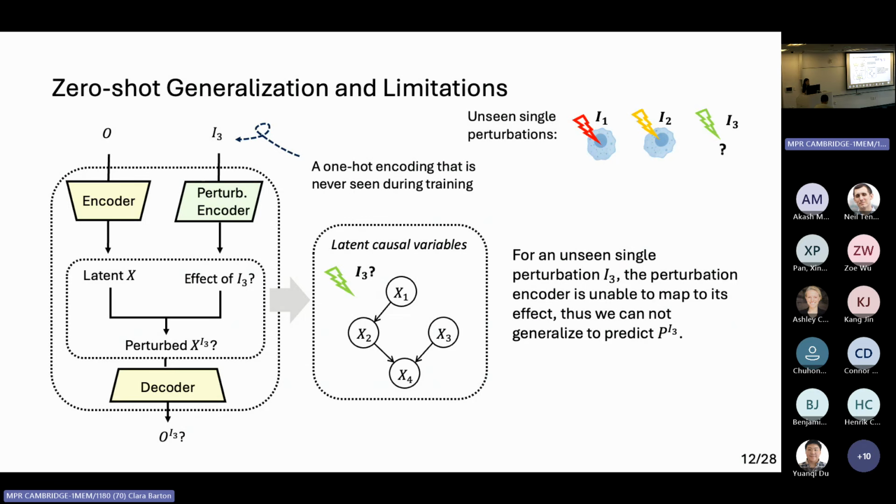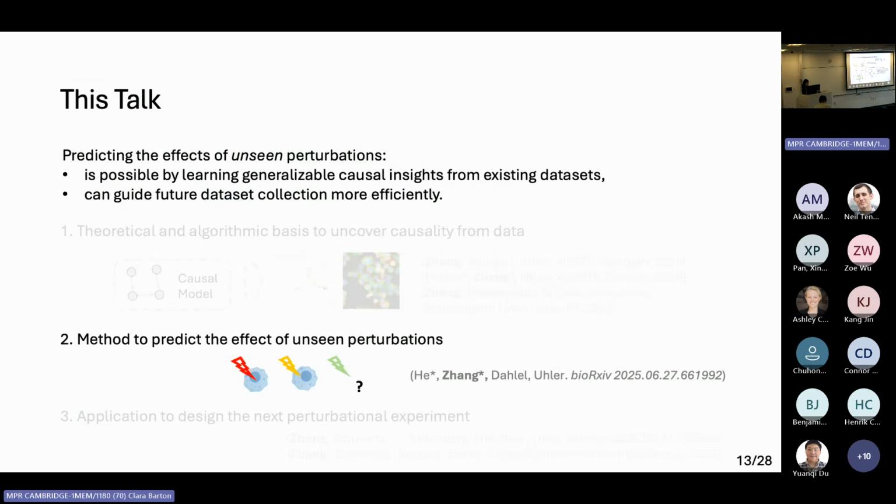If it's a single gene perturbation that has never been seen during training, this is a one-hot encoding that has never been seen during training. Of course, this encoder is not going to map it to any meaningful latent effect on the latent variables. So that's the thing I will try to solve in the second part, which goes into this paper on bioRxiv.